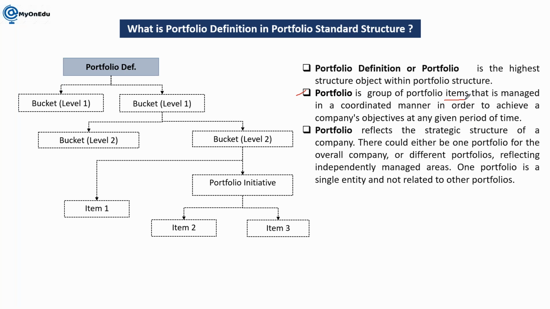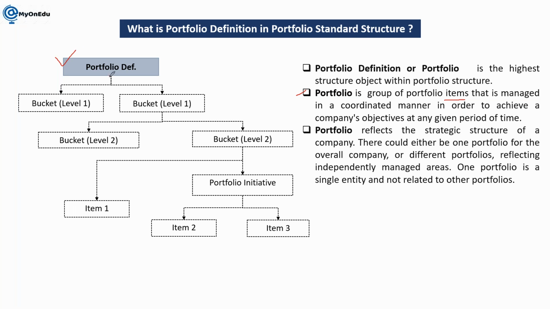So portfolio is basically a group of portfolio items or projects that is going to be managed in a coordinated manner in order to achieve your organization's vision and mission finally. So when you are going to define this structure, your portfolio definition will be at the highest level. This is the highest level, the portfolio definition.